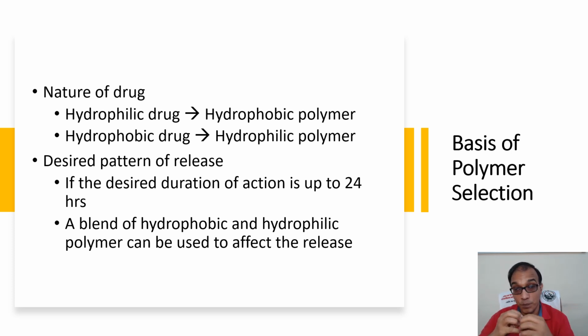It won't be able to pass across that matrix. So a blend of hydrophilic as well as hydrophobic polymer is needed, so that release is controlled as well as facilitated for diffusing out of that matrix. Okay, especially when it is going into the biological environment.